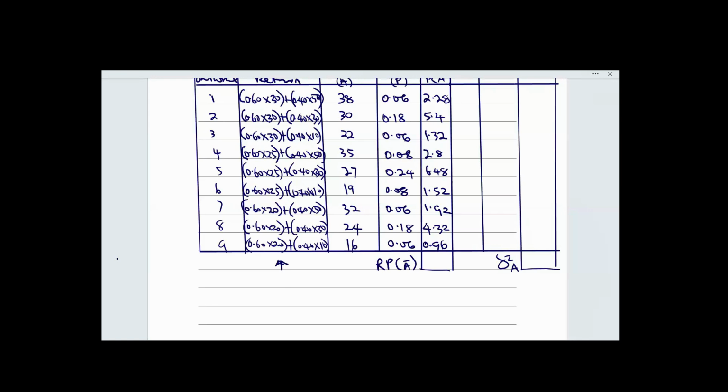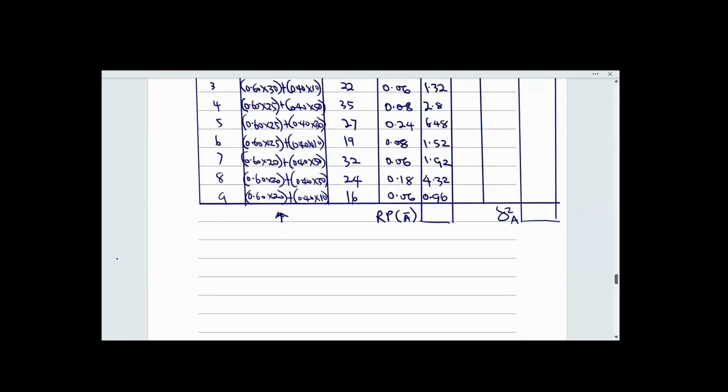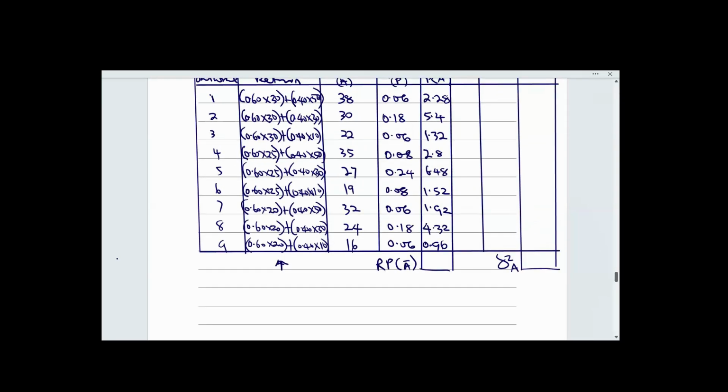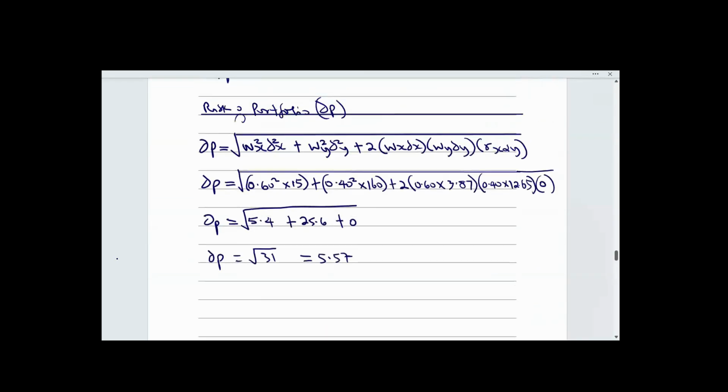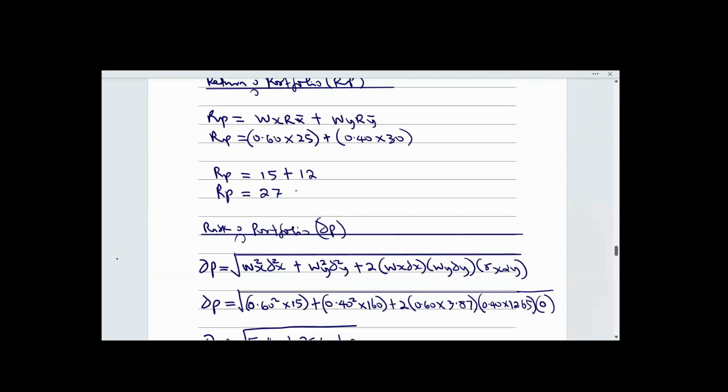What you get? 27. When you look at this, you need to compare this return of the portfolio of 27 using the tabular method with what we got when we use the formula method. It's the same thing, right?